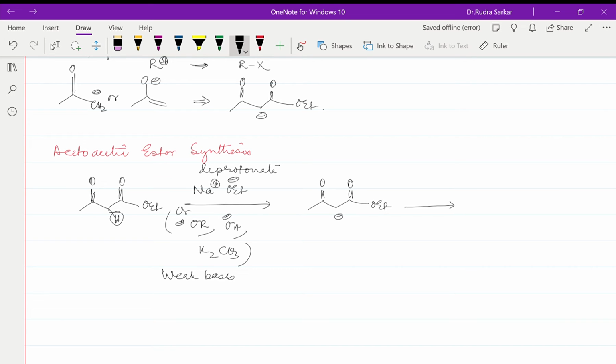Now this acetoacetic ester, when treated with alkyl halide, will make an SN2 type of attack at the R and will undergo alkylation at the active methylene carbon as shown.